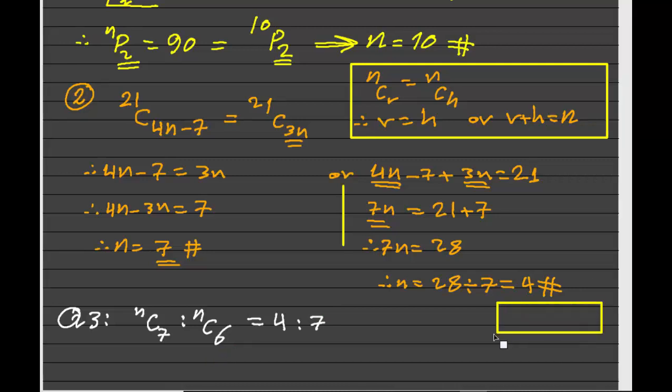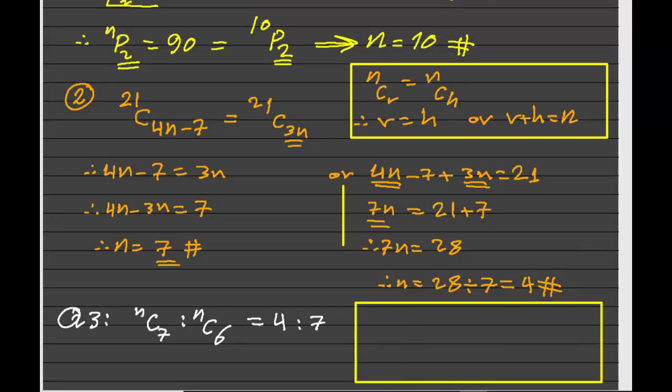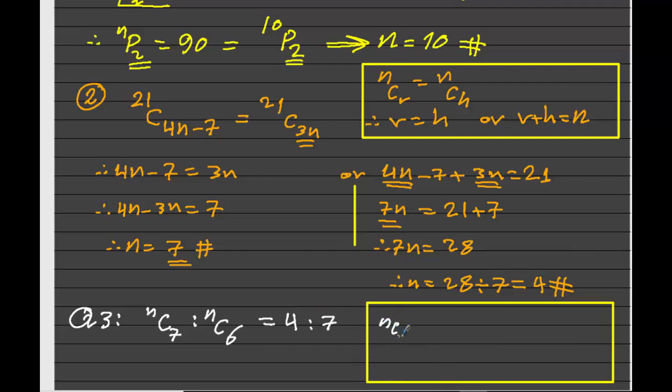I write it here. The ratio rule. nCr over nC(r-1) equals (n-r+1) over r. Again, nCr over nC(r-1) equals (n-r+1) all over r. Here it is the same.